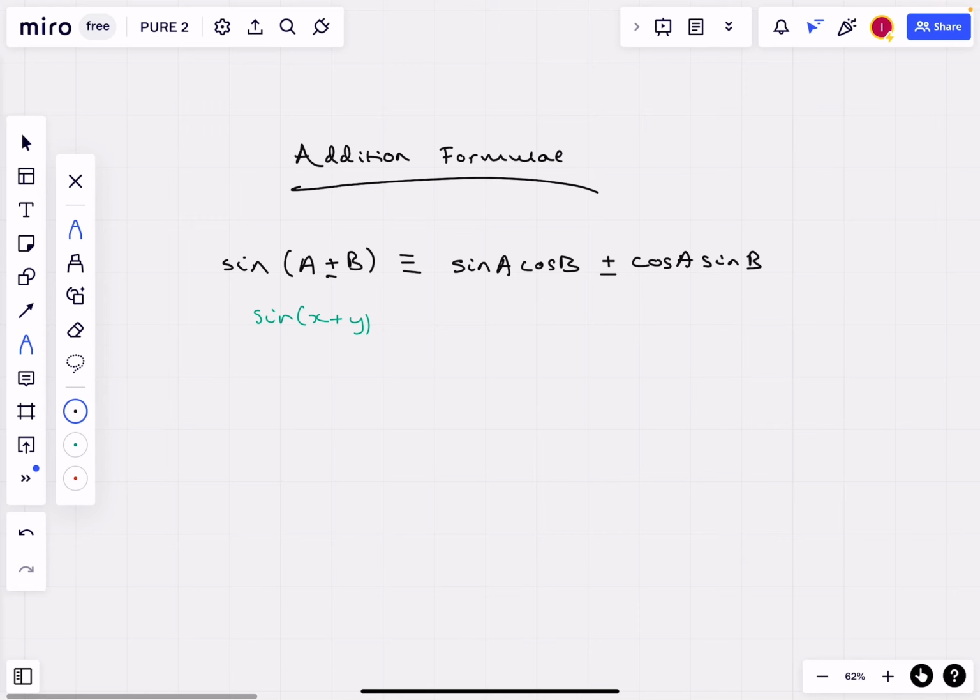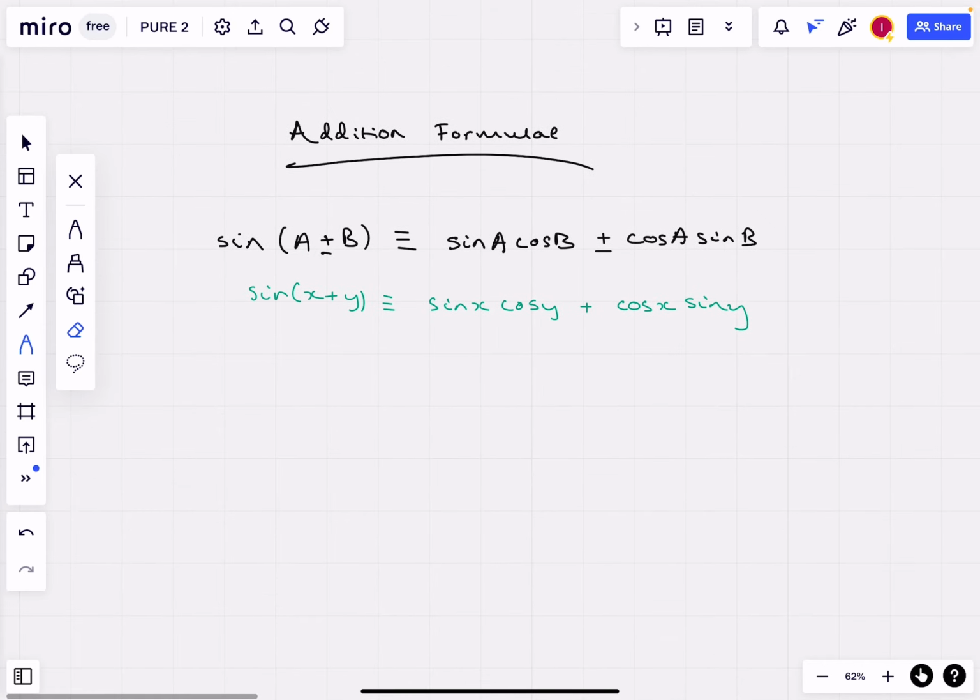If it's positive inside the bracket, it's positive outside the bracket on the right hand side. Okay? So in this case, it would be the same as sine x cos y plus cos x sine y. Let's say if inside the bracket it was negative, then it would also be negative here. Okay, that's addition formula number 1.